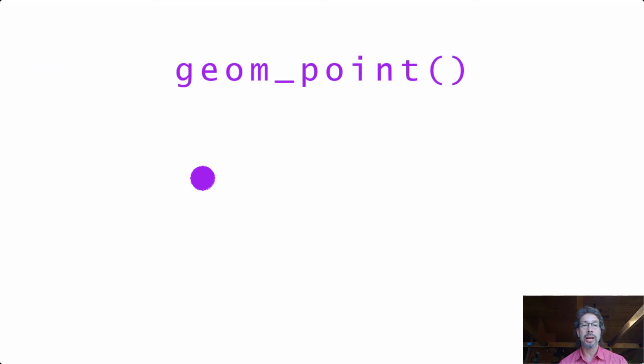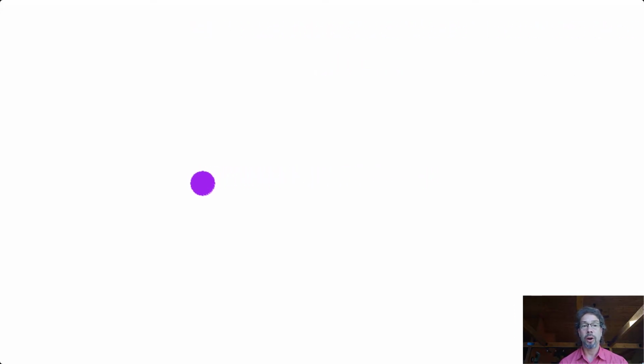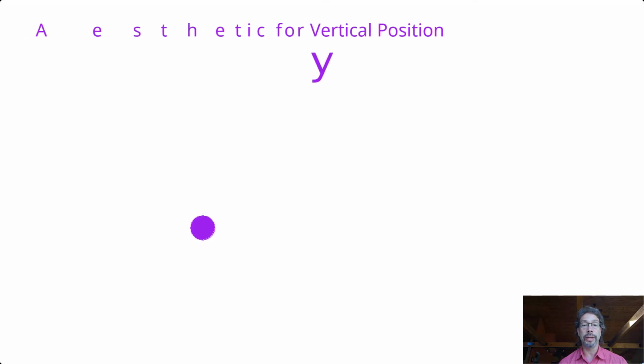In ggplot, all geoms are accessed using a geom underscore function, like geom_point. Every geom is associated with a set of aesthetics affecting its display. For points, the main two aesthetics are x, the horizontal position of the point, and y, the vertical position of the point.